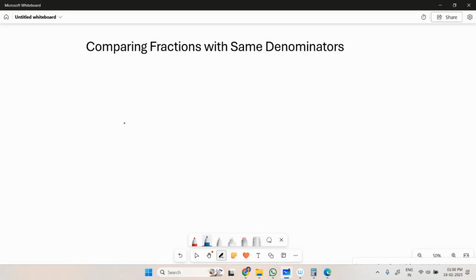While comparing the fractions with same denominators, the fraction with the greater numerator is always the greater fraction. When you are comparing two fractions with same denominators, the fraction with the greater numerator is the bigger fraction. So here 2 by 5 and 3 by 5 are there. The denominators are same, so let's compare the numerators.